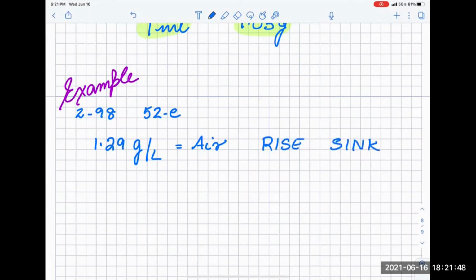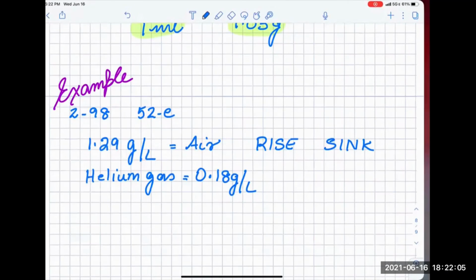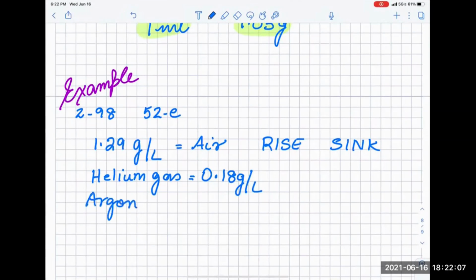So if you are given helium gas, will it rise or sink? Helium gas has a density of 0.18 grams per liter. And you're given argon gas, another type of gas, and the density is 1.78 grams per liter.